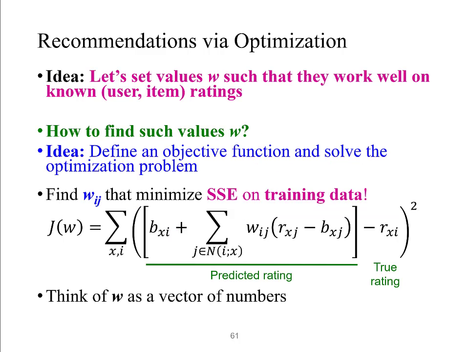So what we're going to do is set the values W such that they work well on the known user-item ratings.